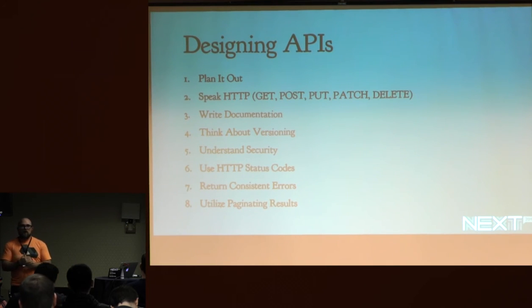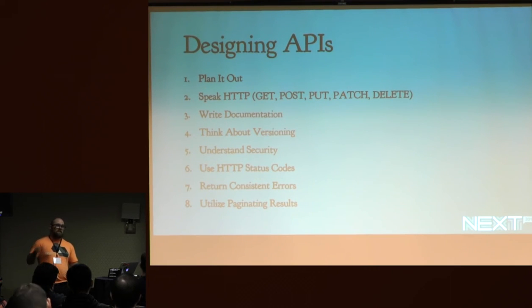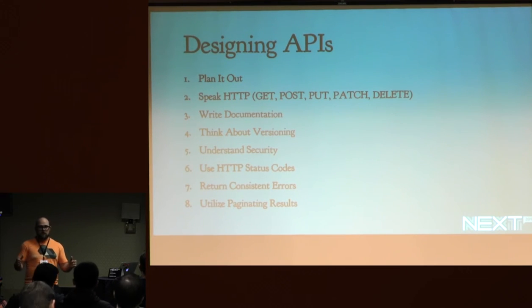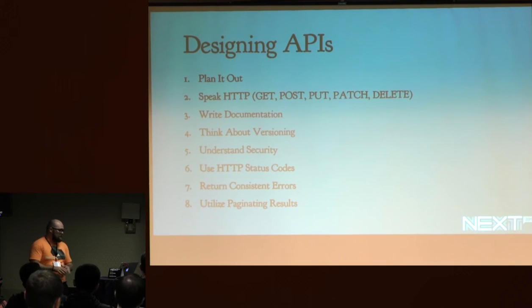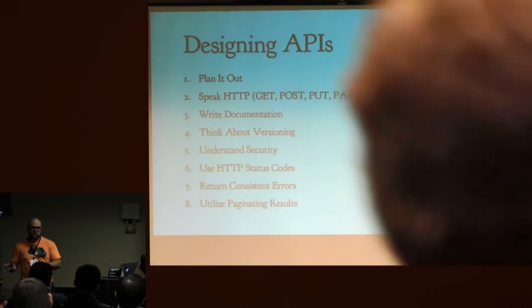Think about versioning. When we're looking at APIs from great big companies like Twitter and Facebook, Facebook has not been particularly good at maintaining a consistent API across all of its APIs, especially if you were trying to do things a few years back and now you're trying to do stuff with Facebook APIs. They have changed rapidly. On the other end, Twitter has been very good about versioning their APIs and how you get to those APIs.